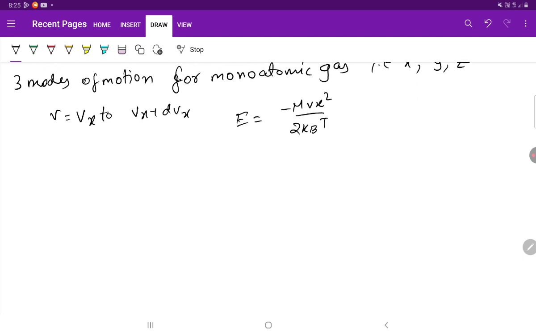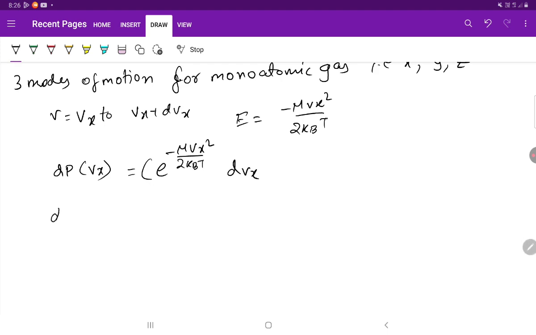So what I'm going to say is that the probability dP as a function of vx can be written as c into e to the power minus mvx square by 2kBT into dvx. Now observe that vx, vy, vz are all independent and equally likely.